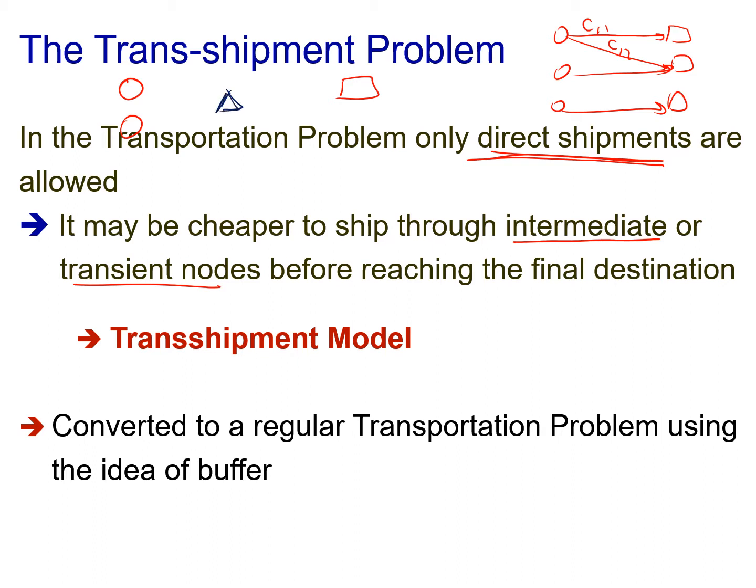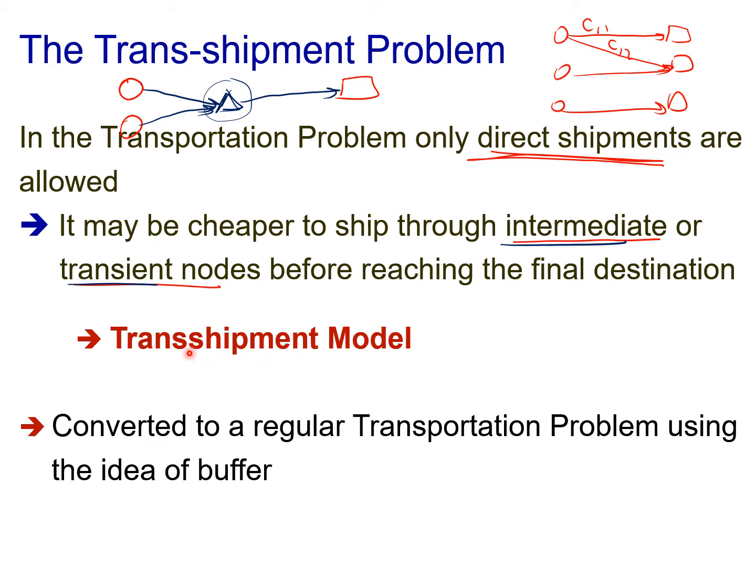Instead of directly shipping to the demand points, these two suppliers send their units to this transshipment node, and then it will send them to the demand point. If we have such transient nodes or intermediate nodes, then we call the problem the transshipment model.